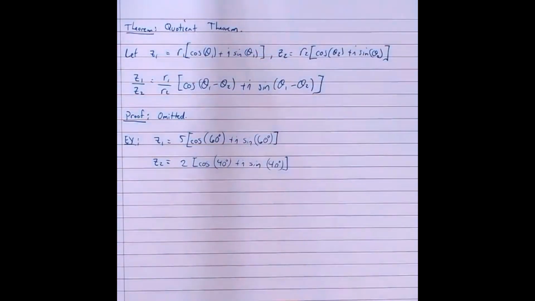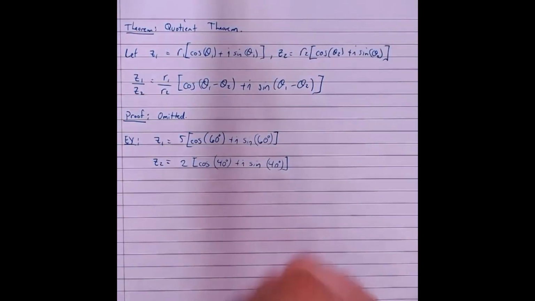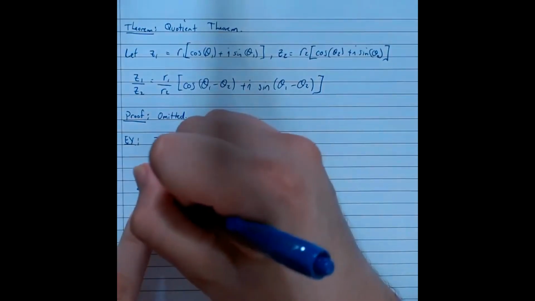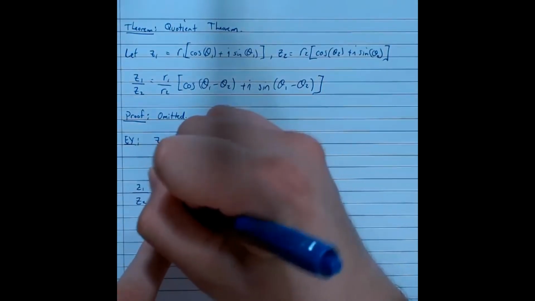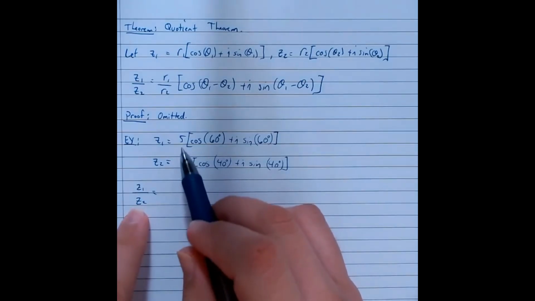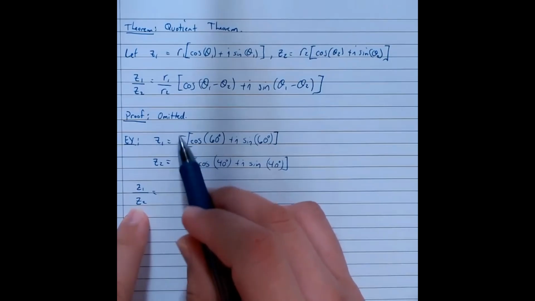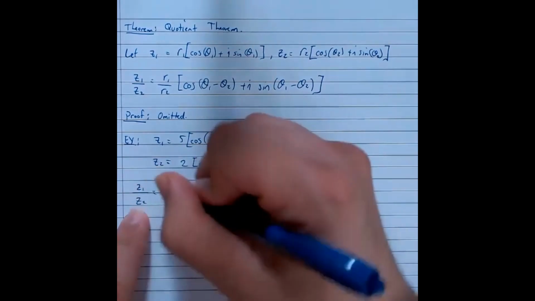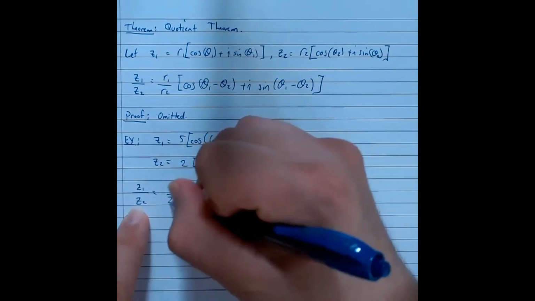Okay? If we're going to take the quotient of those, if we're going to take Z1 over Z2, all we need to do is take the quotient of their moduli. Take this modulus divided by this modulus, 5 over 2.